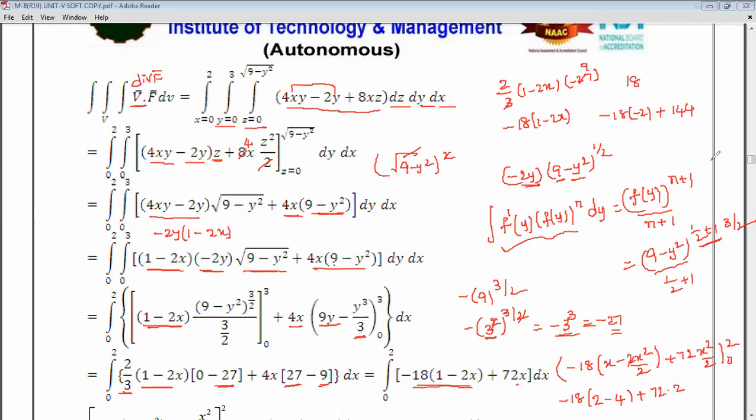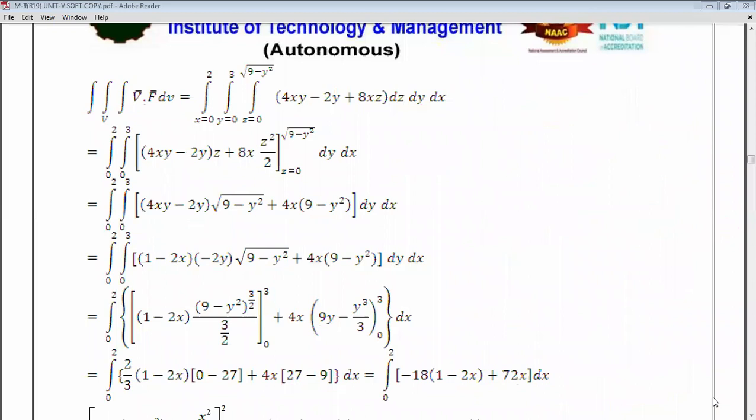And minus 18 into minus 2 is plus 36, plus 144, and this is nothing but 180. Okay, so this is the first part. So simply we got the value 180. So the only thing is writing the limits and then the remaining as usual.